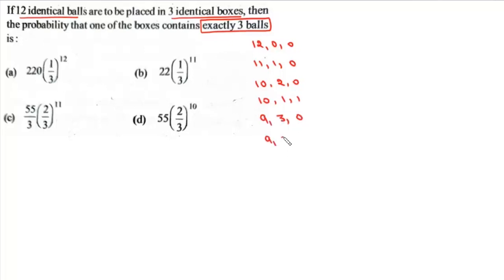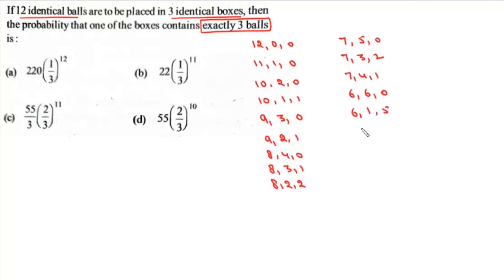9 3 0, 9 2 1, 8 4 0, 8 3 1, 8 2 2, 7 5 0, 7 3 2, 7 4 1, 6 6 0, 6 1 5, 6 2 4 and 6 3 3.